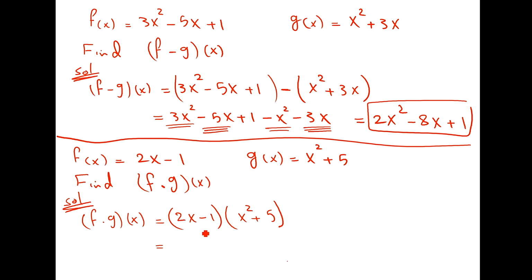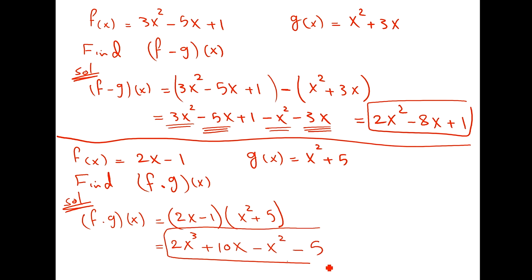Multiply 2x with x squared, we have 2x to the power 3. 2x multiply 5 equals 10x. Negative 1 multiply x squared is negative x squared, and negative 5. So this is the simplified form, with one term in x to the power 3, one term x squared, one term x, and the constant.